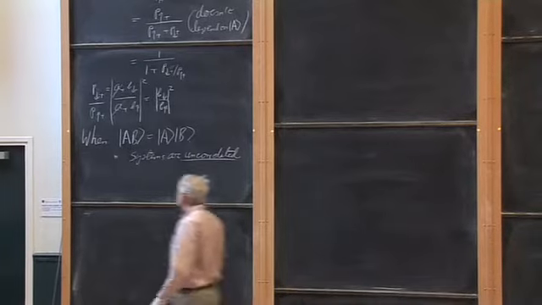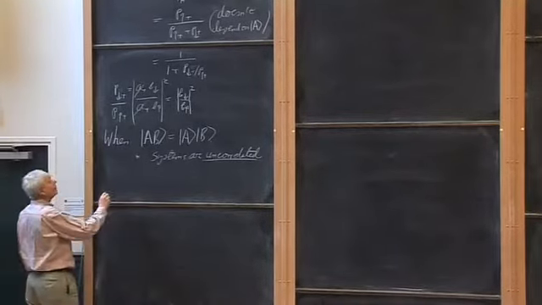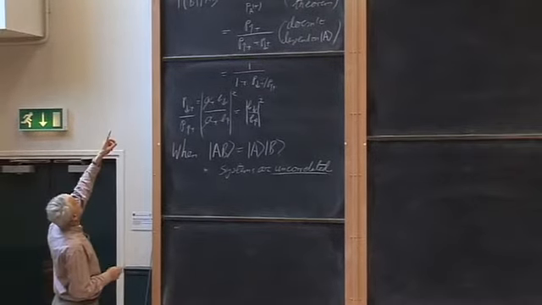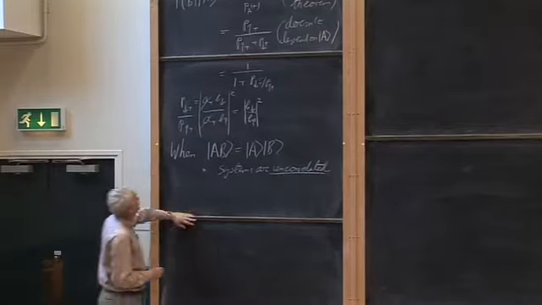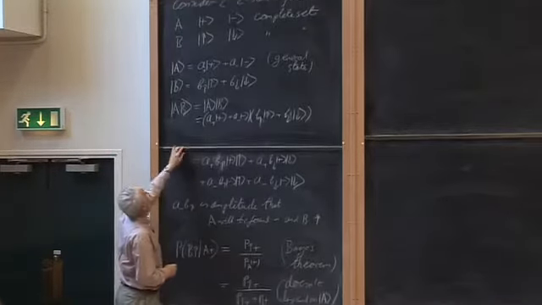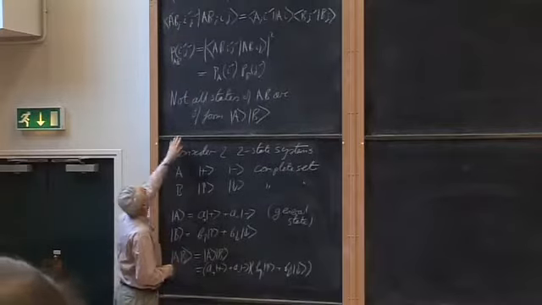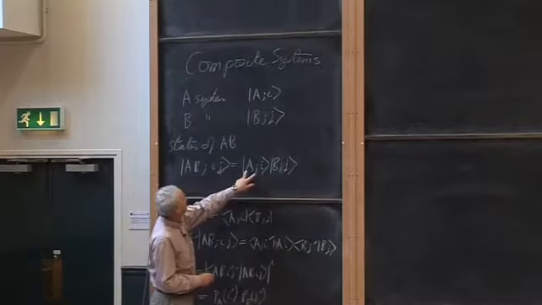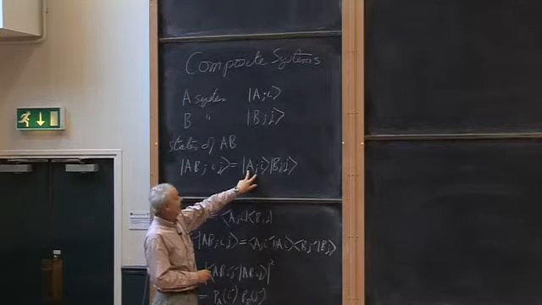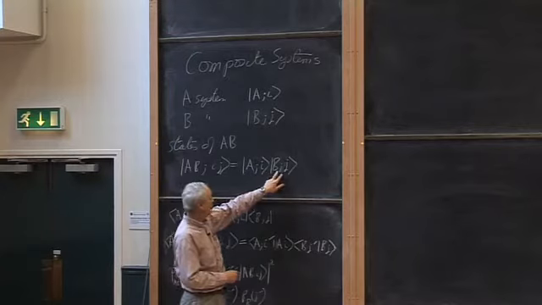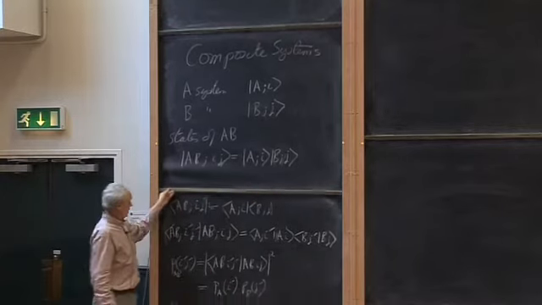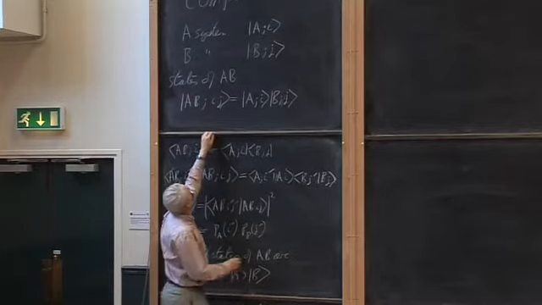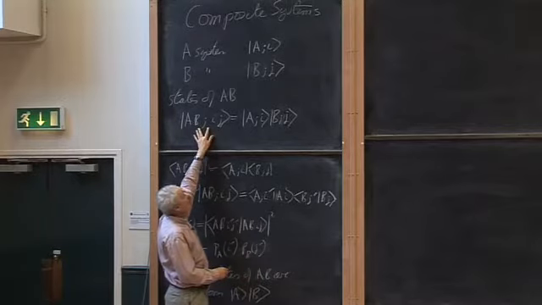So let me see. The point is that I'm not going to go through the demonstration that I said. Let's go back up some way, to here. So if these objects form a complete set of states of A and these objects form a complete set of states for B, then it's not hard to persuade yourself that these objects form a complete set for AB.